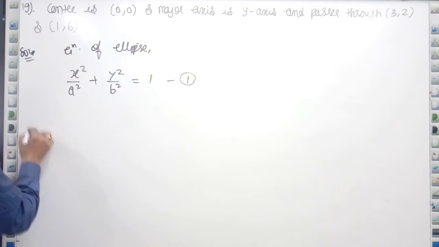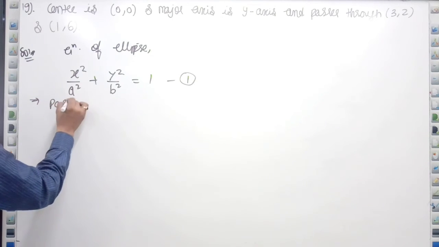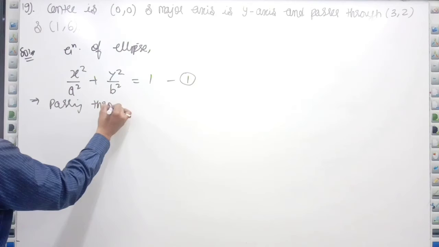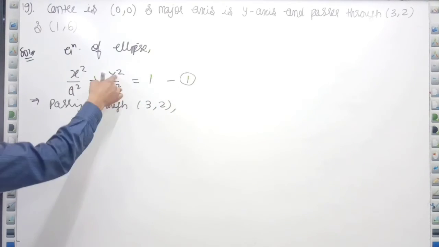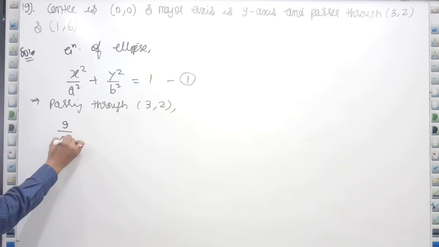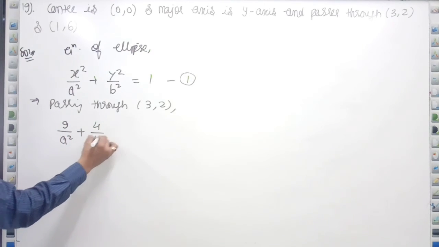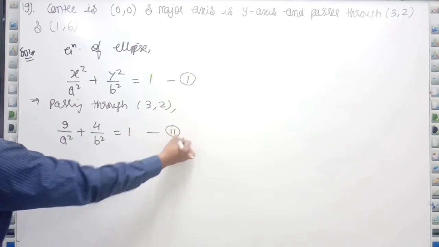Now this is passing through 2 points. First point is 3, 2. If I put x equal to 3, y equal to 2, 9 by a square plus 4 by b square equal to 1. This is equation number 2.